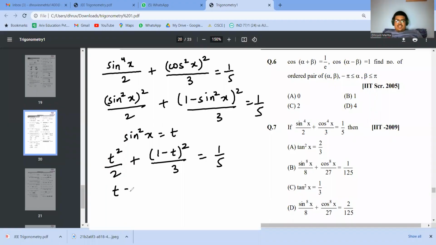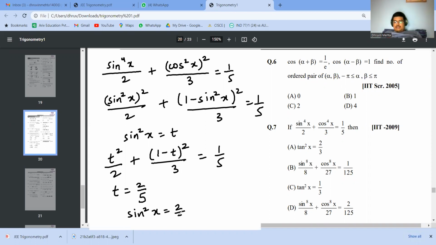What is the value of t? Yes, Trisha. So 2 by 5. If t is 2 by 5, then sin square x is 2 by 5.